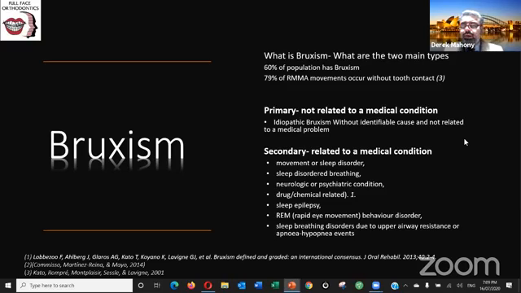So there are 2 main types which we're going to define: a primary or idiopathic bruxism, and a secondary type which is normally related to a medical condition. Depending on who you read, maybe 60% of the population has bruxism, right? And of course, self-reported bruxism is really low quality statistics.